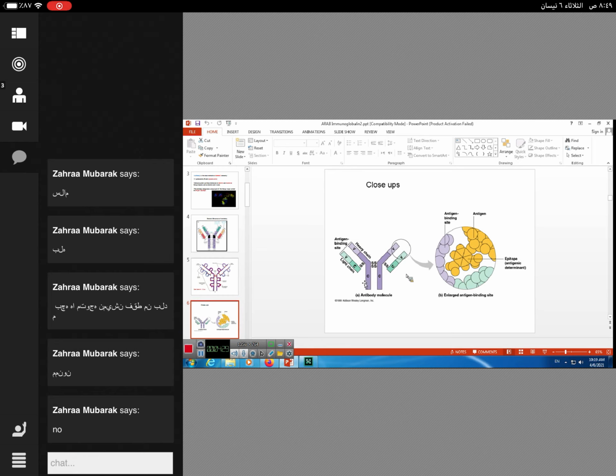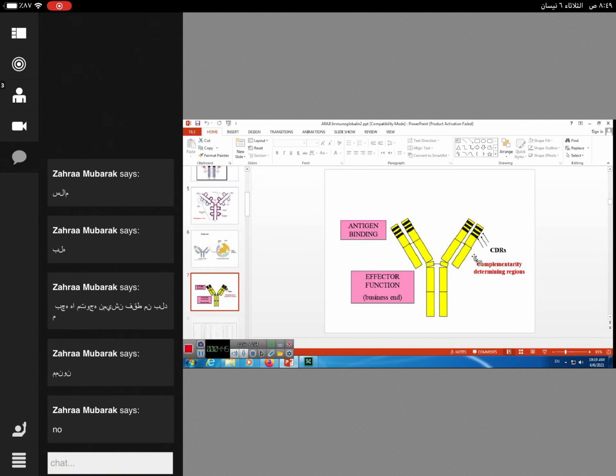This figure shows binding of the antibody molecule to the epitope site on the antigen surface. And subtle investigations show that every variable domain is composed of 3 hypervariable regions named CDR.